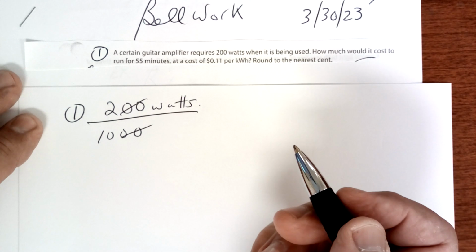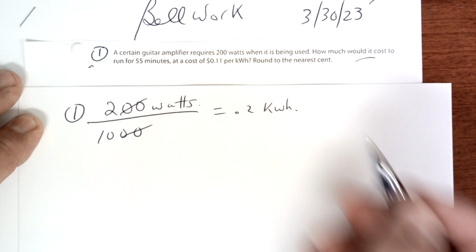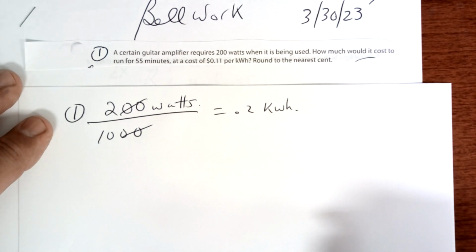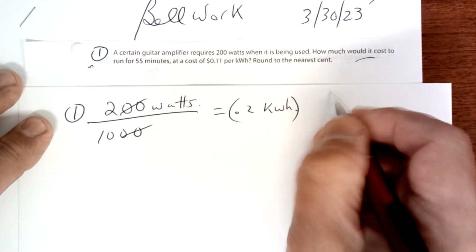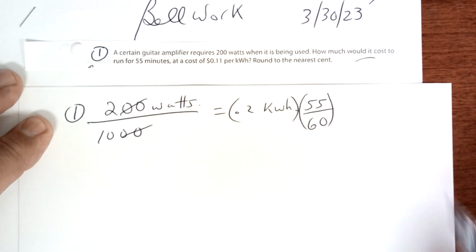So you're going to end up with 0.2 kilowatt hours. Okay? And it's 55 minutes. So you got to multiply that times 55 out of 60, because there's 60 minutes in an hour. And then times 11 cents.